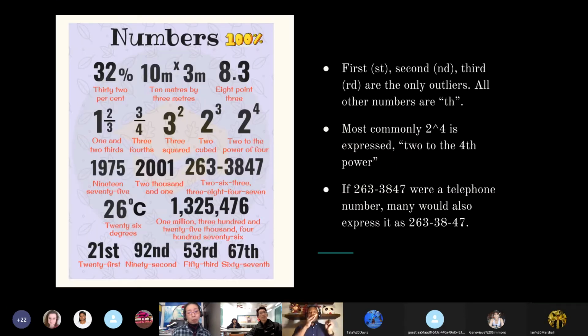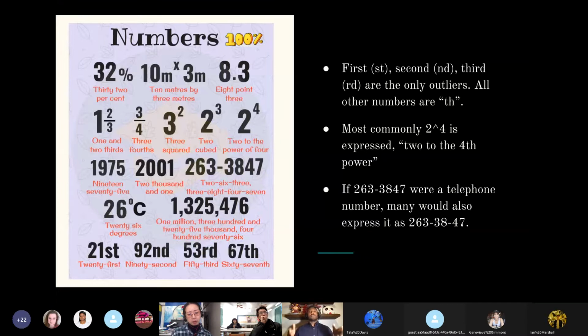So here on the left side of the graph, we have a bunch of different expressions. We'll just read through them and you'll be able to see what those are in English. So 32% is how we would say that. The next one, 10 meters by 3 meters.